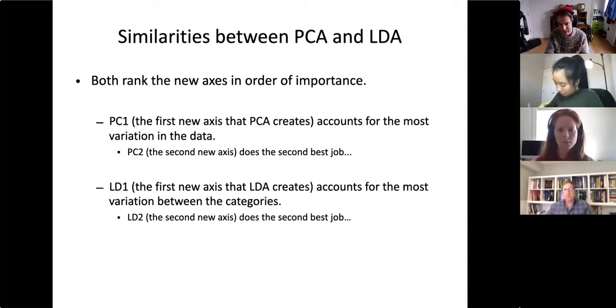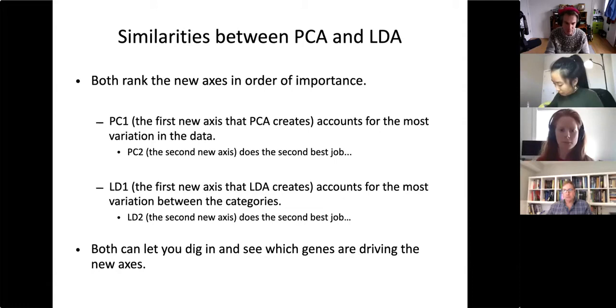And LD2 is the second new axis, and it does the second best job. Both let you dig in and see which genes are driving the new axes. So they both have a concept of loading scores, which are useful for saying, what is causing this separation of these different categories? We can look at the loading scores, and we can answer that question.